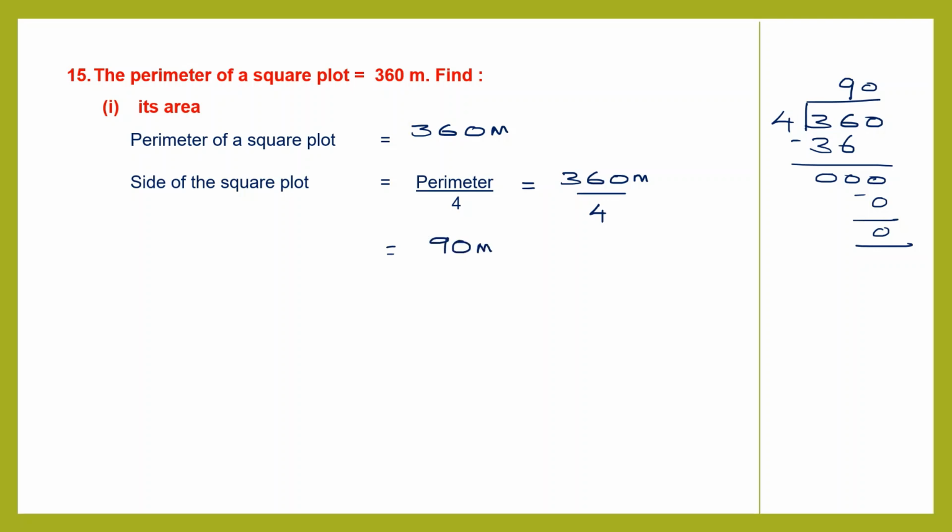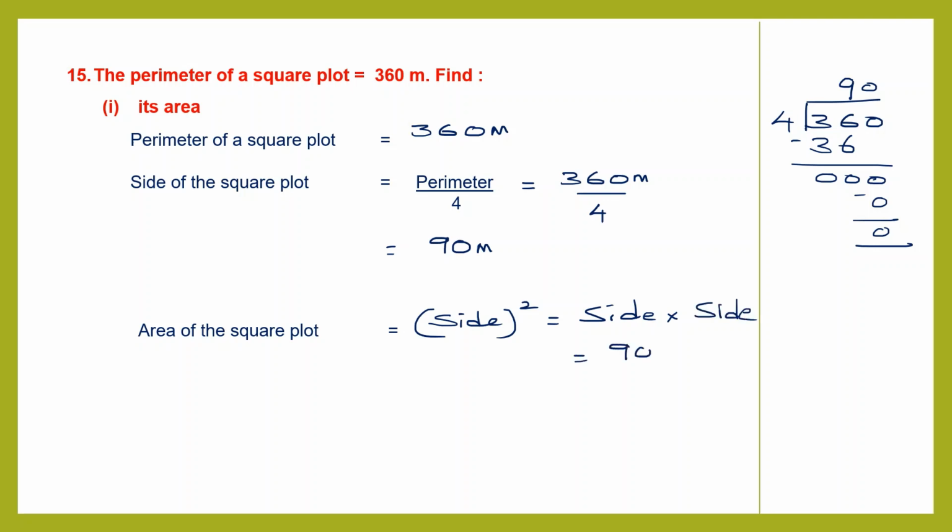So the side of the square plot is 90 meters. Now that we have found the side, we can find its area. So the area of the square plot, the formula is side square, which is side into side, and that will be 90 meters into 90 meters. So let's multiply 90 into 90.